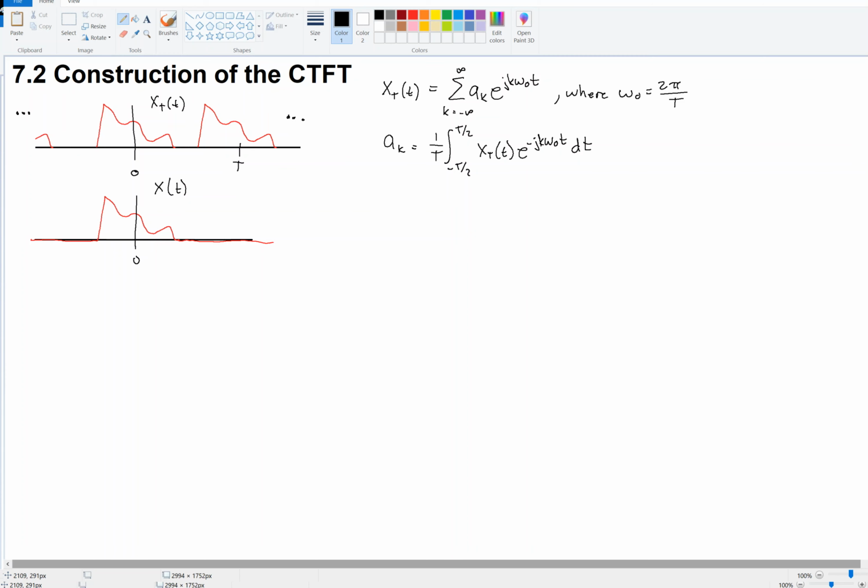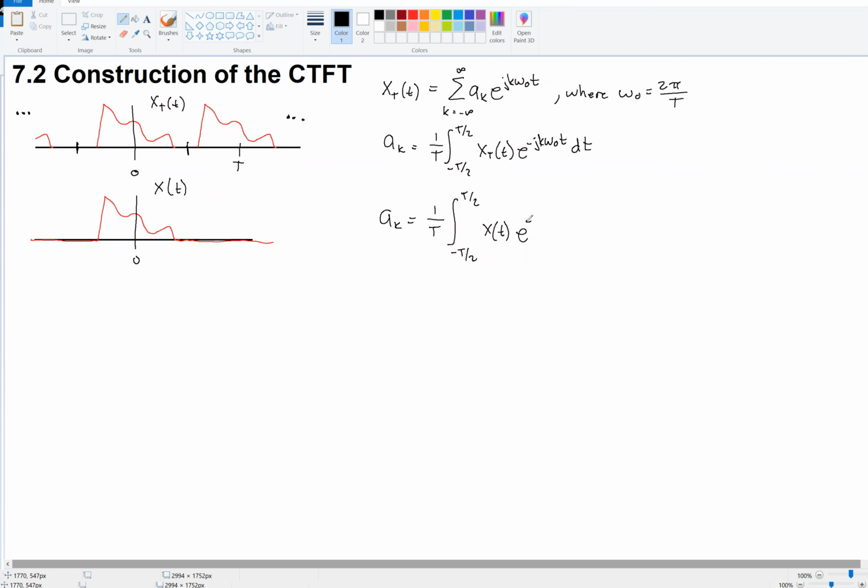Now, because in this range of integration, negative T over 2, maybe here, to T over 2, x of t is the same as x sub T of t, we can actually be a little crafty, and we can write this from minus T over 2 to T over 2 of x of t.